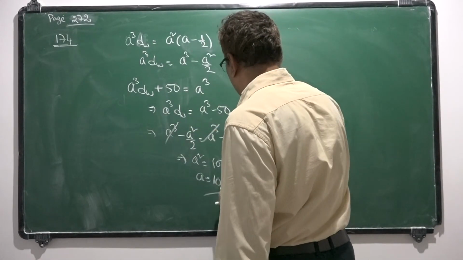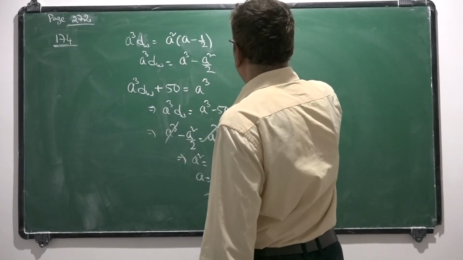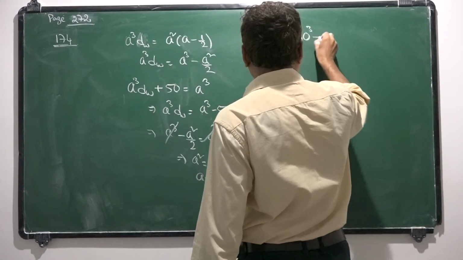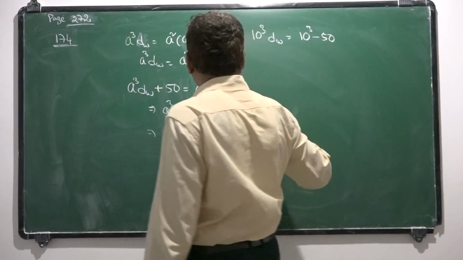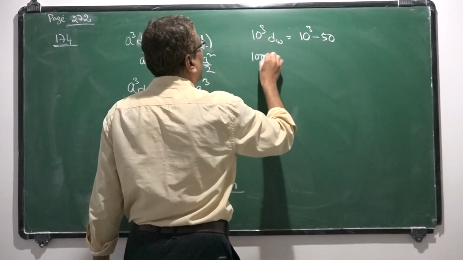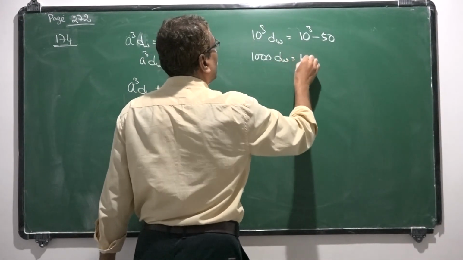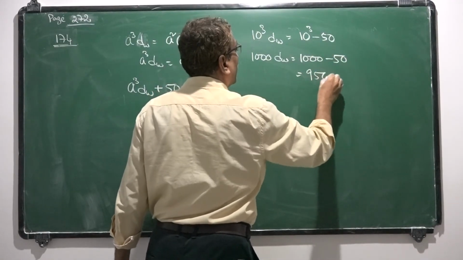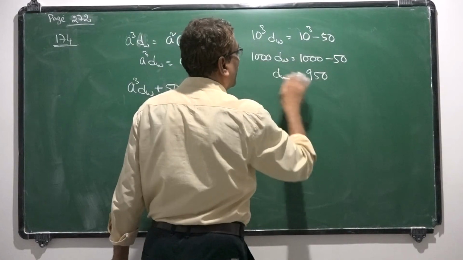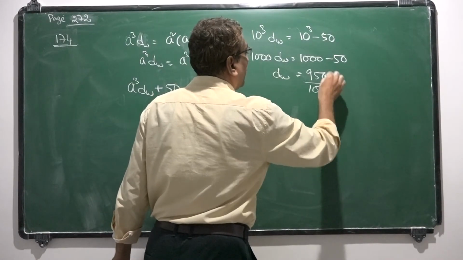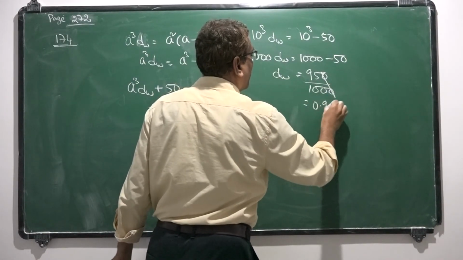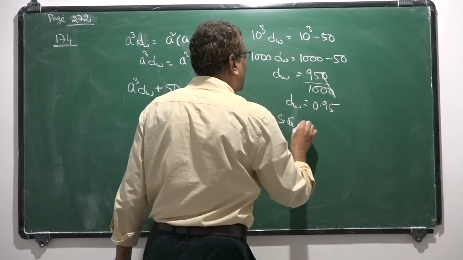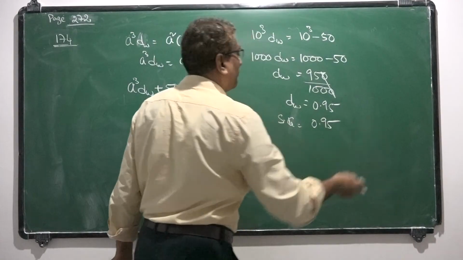So the side is 10. That means 10 cube density of wood is equal to 10 cube minus 50. So 10 cube means 1000 into dW is equal to 1000 minus 50. That is 950. So dW is equal to 950 by 1000, that is 0.95. So density of wood is 0.95. So specific gravity is equal to 0.95.